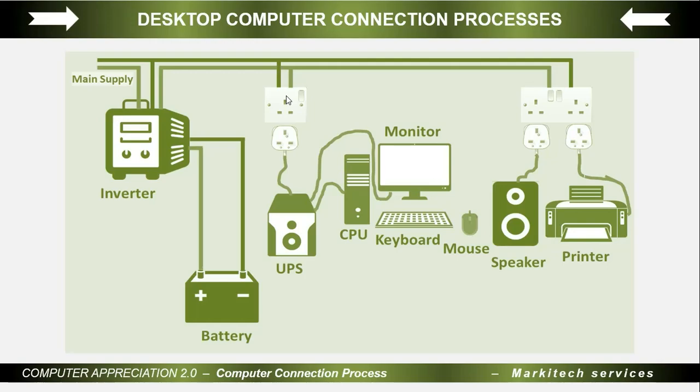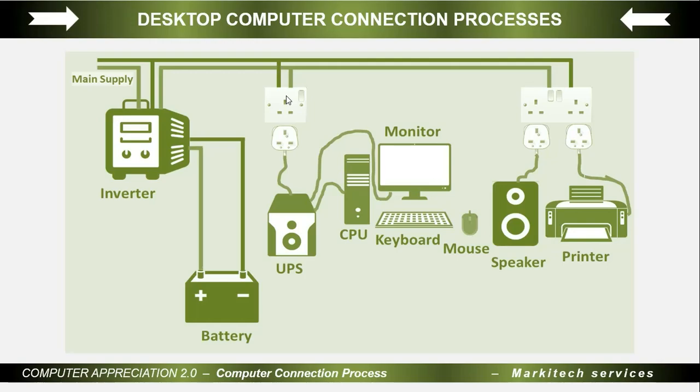The UPS will sustain. So it is always advisable that whatever connection you do, the wall socket should be concerned with the UPS alone. So whatever connection you're doing, apart from the printer, should be connected to the UPS.